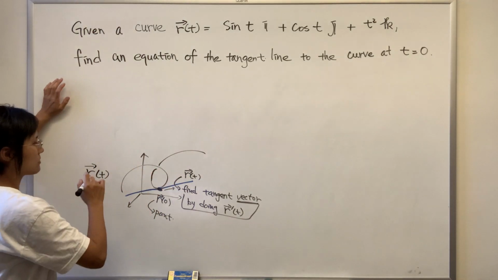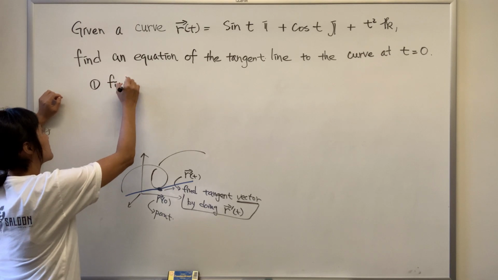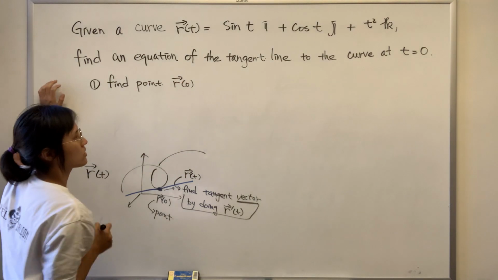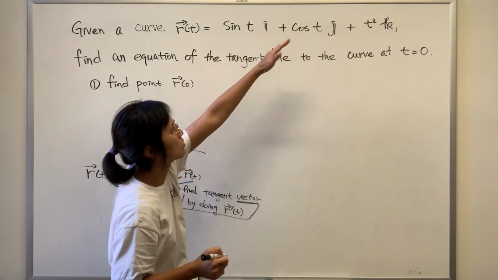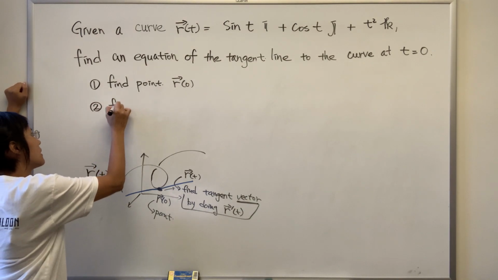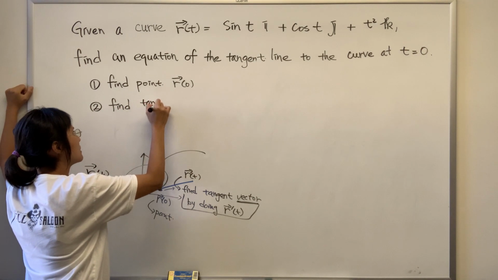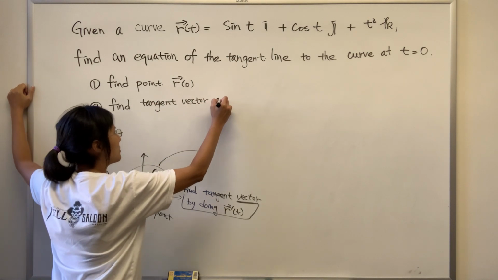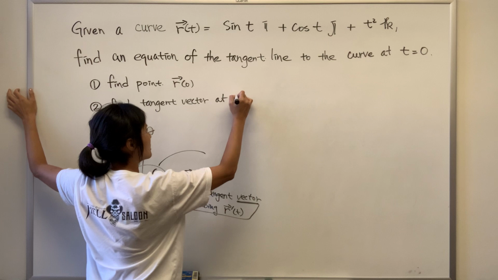All right, let me recap. First, I want to find the point r(0). This is very straightforward: just plug 0 into t, and you will find a point. Second, you will find the tangent vector at this point, so at t equal to 0.